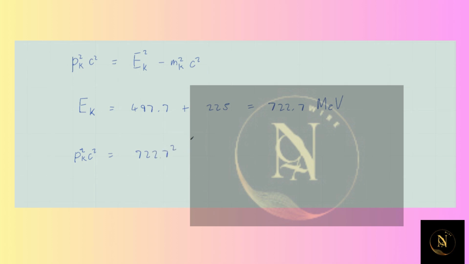722.7 mega electron volts squared minus 497.7 mega electron volts squared, which is 2.746 times 10 to the power 5 square mega electron volts.